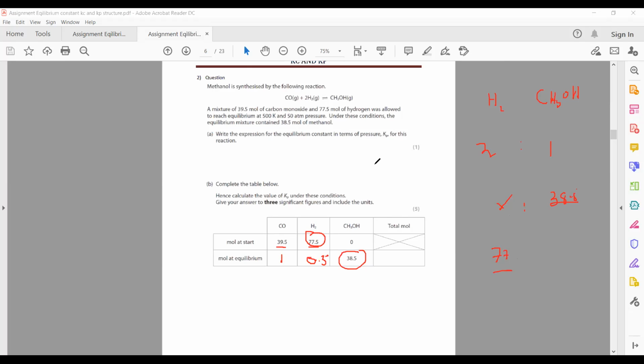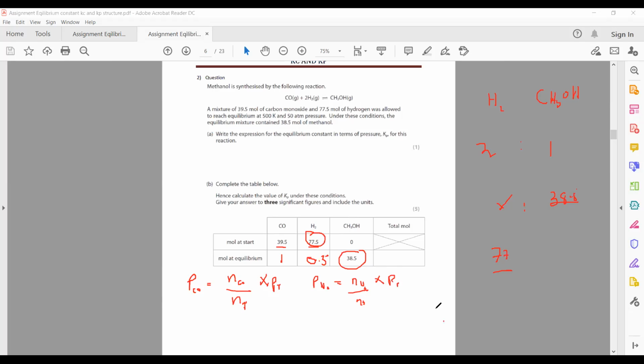And then you just substitute, but it's a pressure, so you find the partial pressure for each gas. The pressure of carbon monoxide is the number of moles of carbon monoxide in the mixture at equilibrium, divided by the total number of moles, multiplied by the total pressure. Then the partial pressure of hydrogen is the number of moles of hydrogen divided by the total number of moles multiplied by the total pressure.